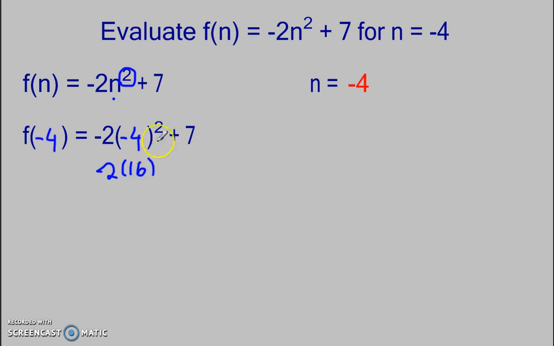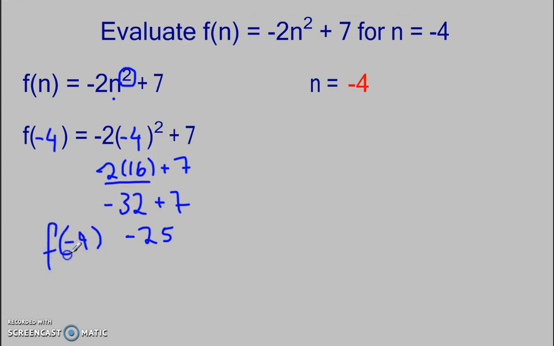Negative 4 times negative 4 is positive 16, plus 7. Multiply, we get negative 32, plus 7, and that is negative 25. So f of negative 4 is negative 25.